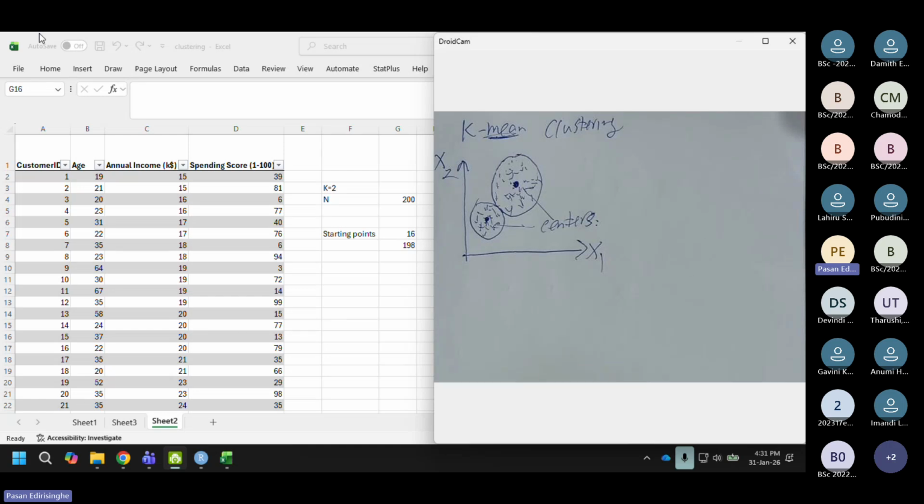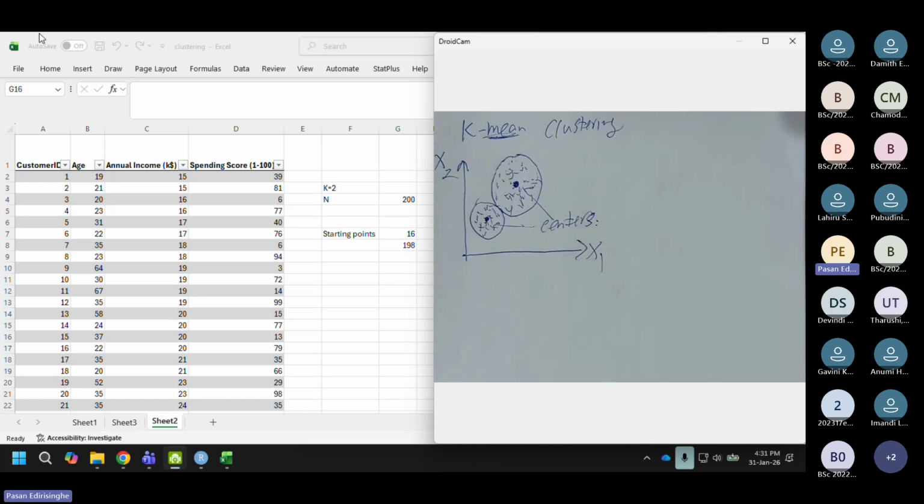We have to decide without any prior knowledge, other than if you try the hierarchical methods and get some idea, right? We have to decide how many centers we are using initially.